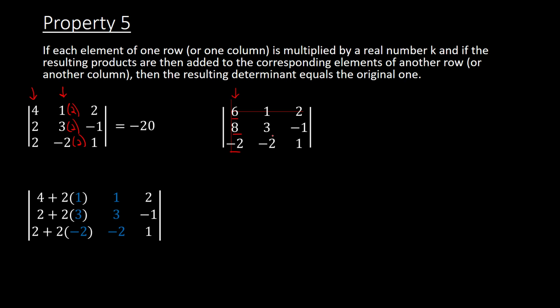So if you were to expand using this first row, we are going to find the minor of 6, 1, and 2. So we eliminate this row and column. We're left with 3, -1, -2, and 1. Then you multiply by that element 6. And then we're going to do the same thing for the second element. So find the minor of the 1.